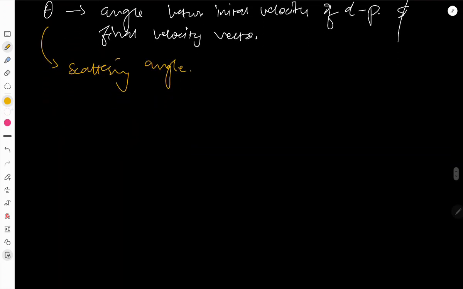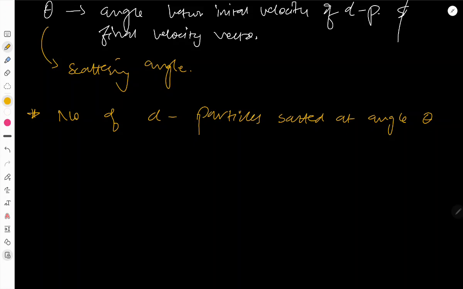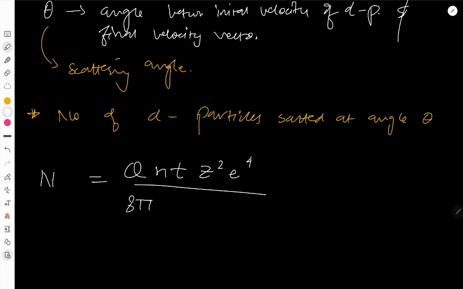And another formula for the number of alpha particles scattered at angle theta, and the formula is N is equal to, this is the biggest formula I've seen, Q n t Z square e to the power 4 upon 8 pi epsilon naught the whole square r square sine to the power 4 theta by 2 times E square.